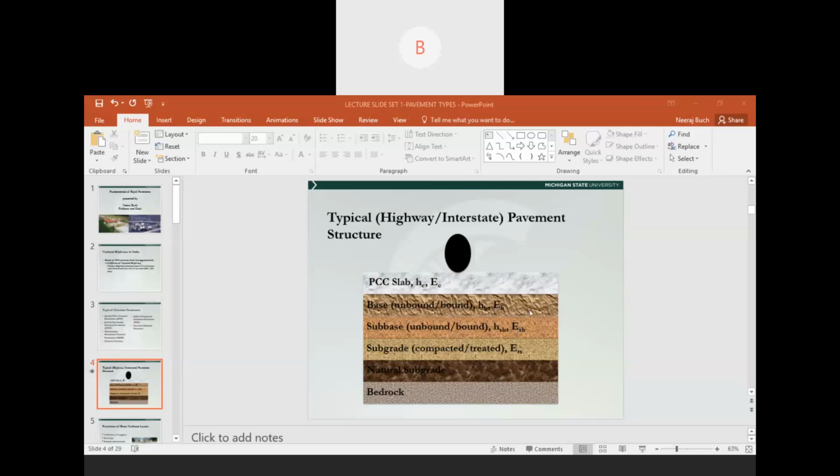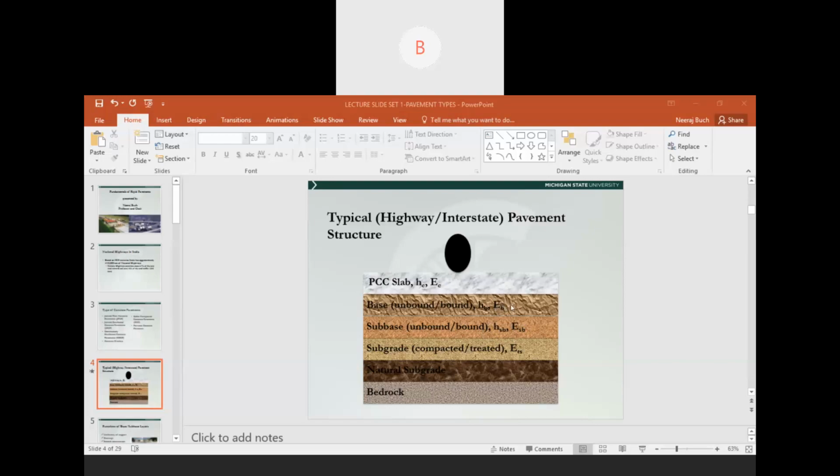The next layer, which is immediately above the subbase, is the aggregate base. And again, this material can be both bound or unbound. And again, if you are going to stabilize the base, you're essentially doing it for structural capacity and improved load carrying capacity.